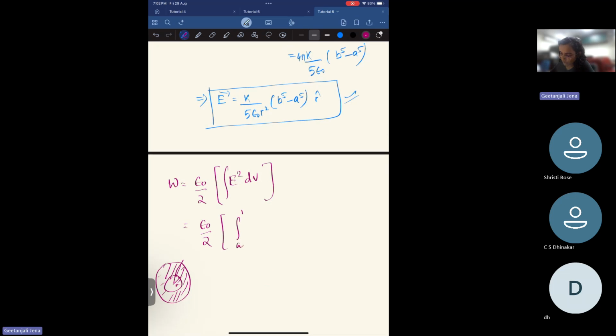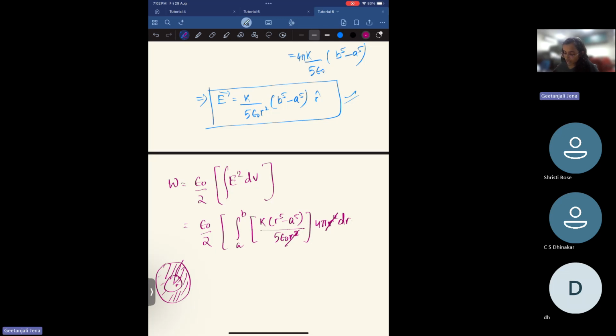So we'll use this for A to B. The electric field is K r to power 5 minus a to power 5 over 5 epsilon naught r square, dV. You can write it as 4 pi r square dr. Okay. So here the r square which is inside the integration, you can cancel it.